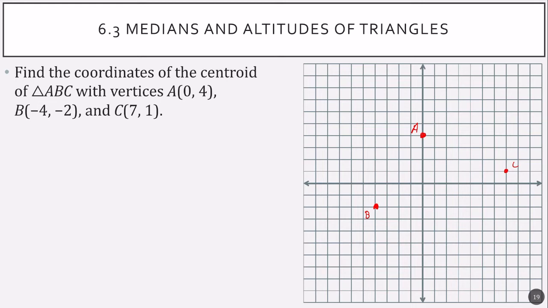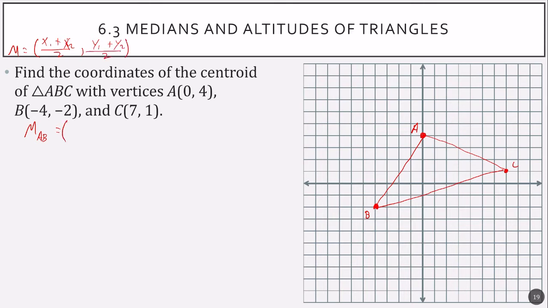Alright, so to find the centroid, we're going to need to find some midpoints. So, let's find the midpoint of AB. Remember, the midpoint formula is x1 plus x2 over 2, y1 plus y2 over 2.